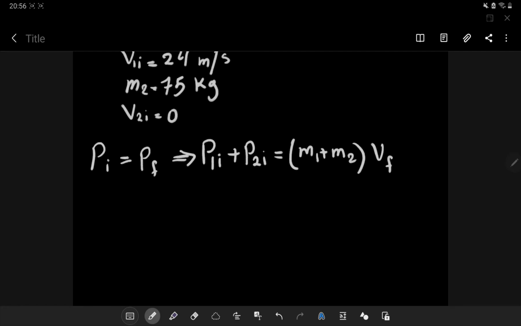From the known, v2 initial equals 0, so that term will be equal to 0. So our equation will be P1 initial equal to m1 plus m2 times v final.